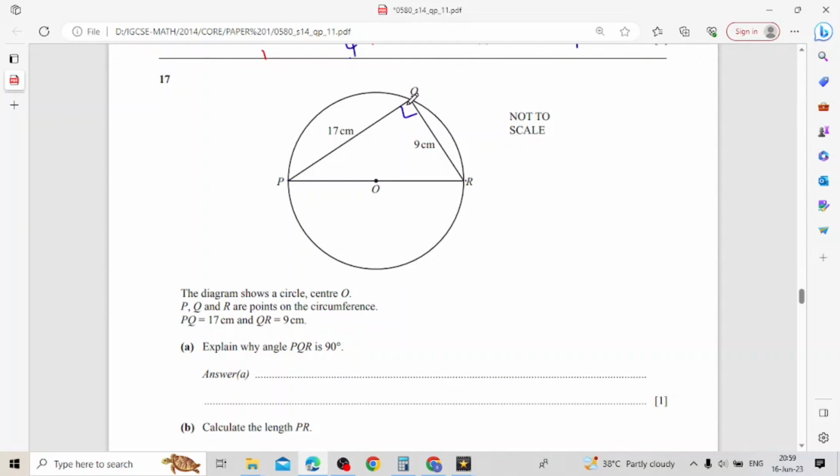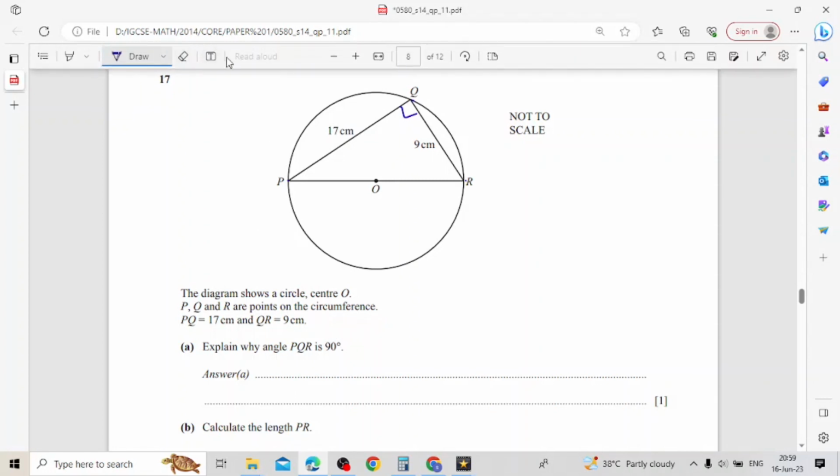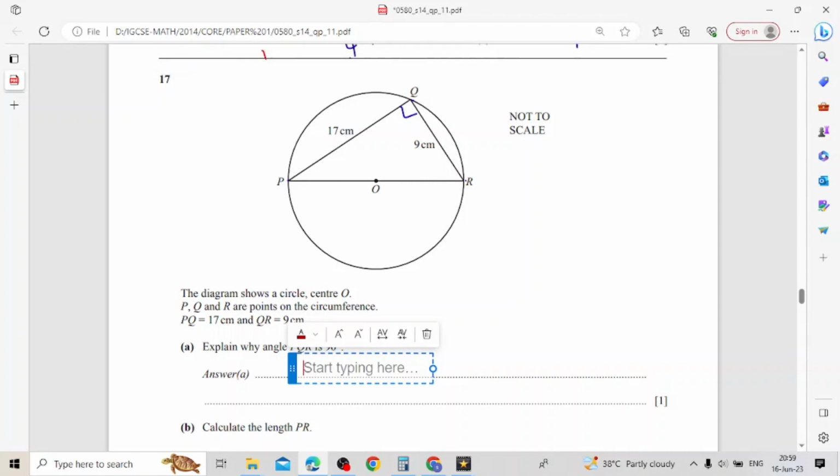Okay, so 90 in the sense it is a right angle. So what we can write as the answer with justification is: angle in a semicircle is always a right angle.